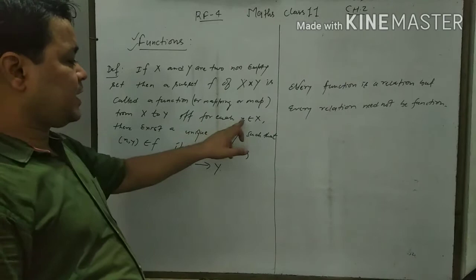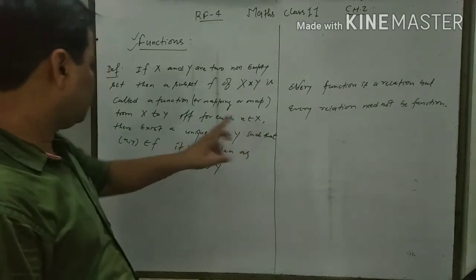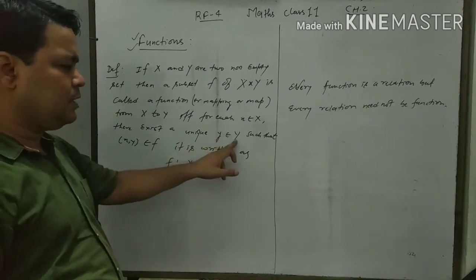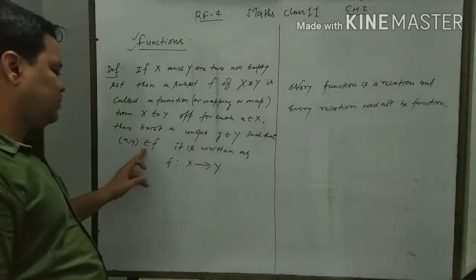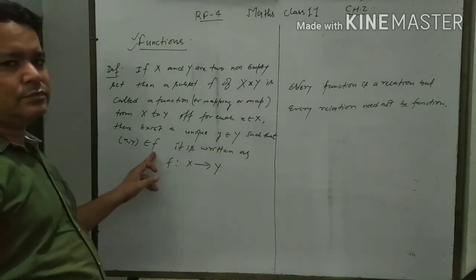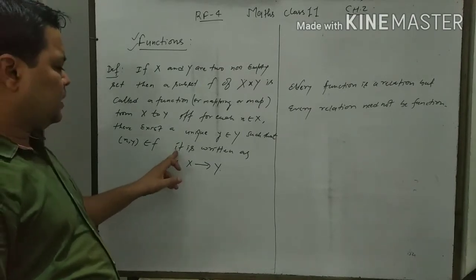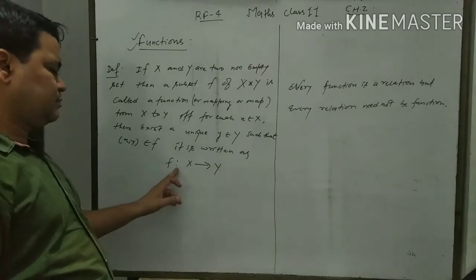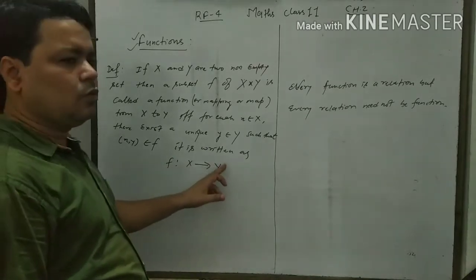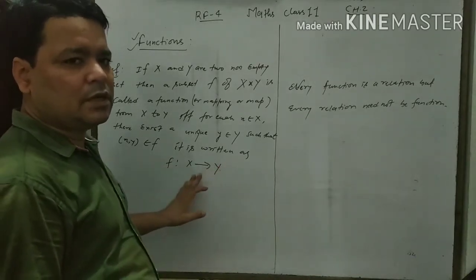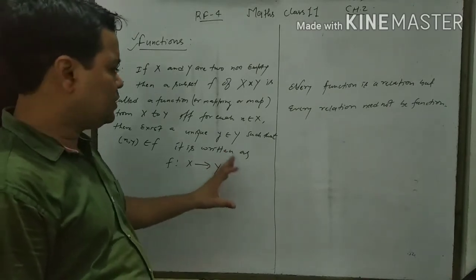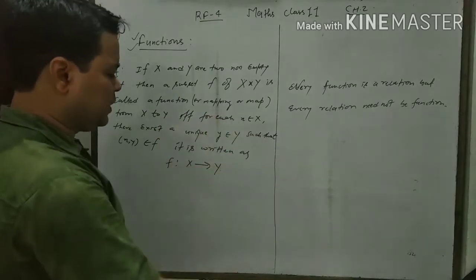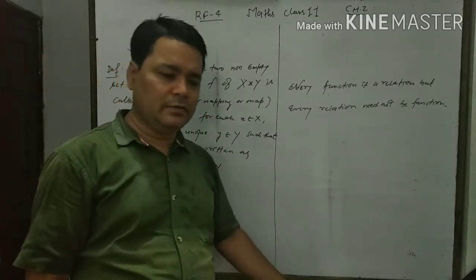For each x belonging to capital X, there exists a unique y belonging to capital Y such that (x, y) belongs to F. Getting? It is written as F from X to Y. This is the relation in which each element of X should relate to a unique element of Y.